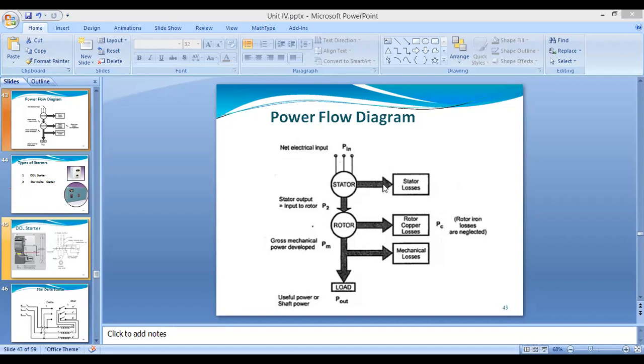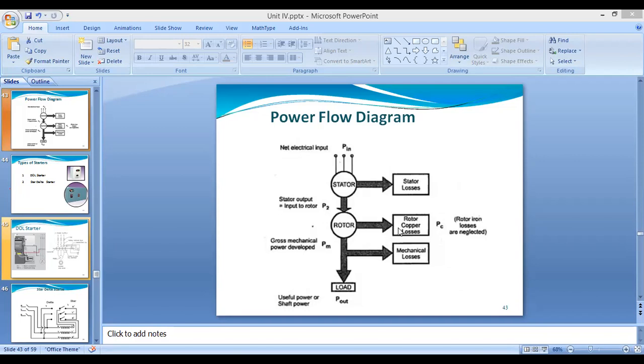Now, when we give the input power P2 to the rotor, it cannot be directly converted into mechanical output, because some part goes to the rotor losses.